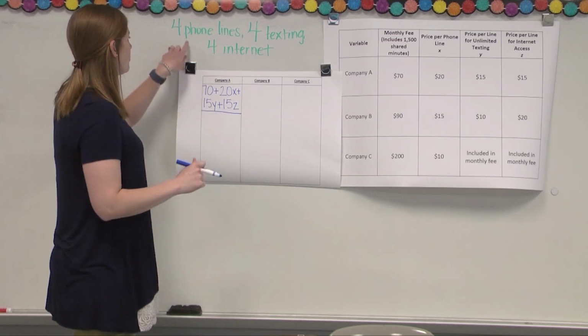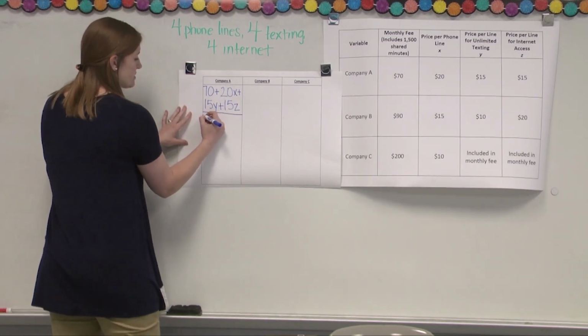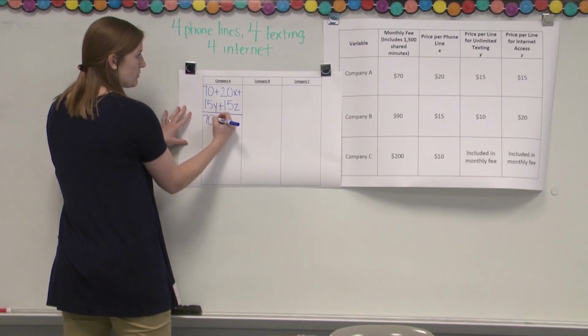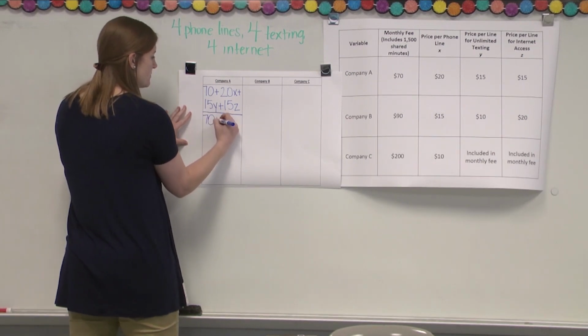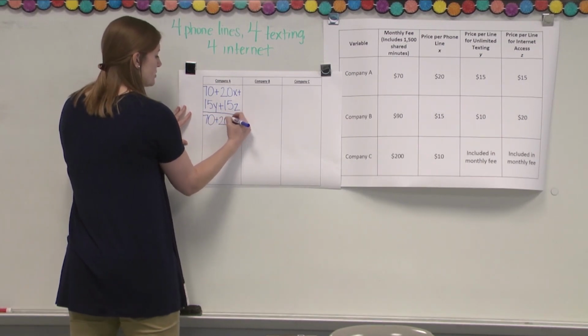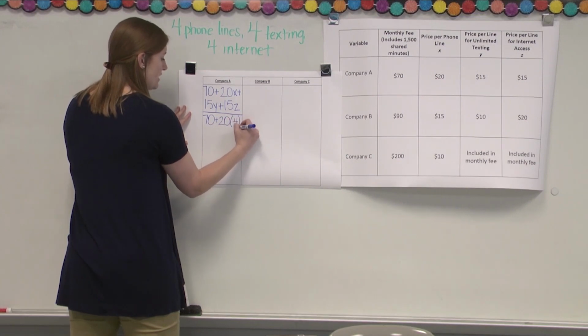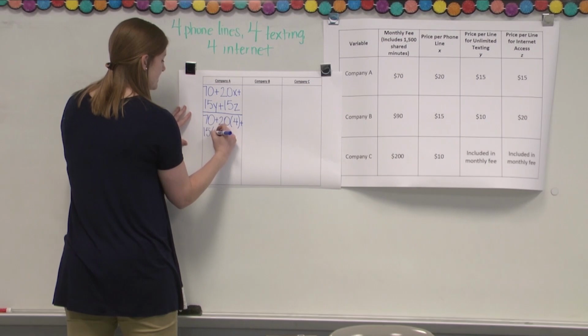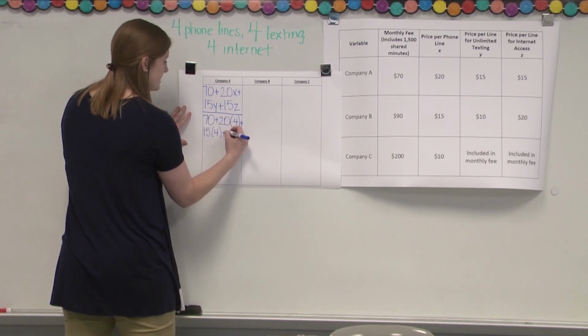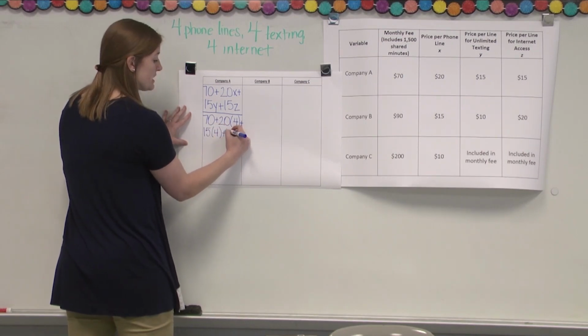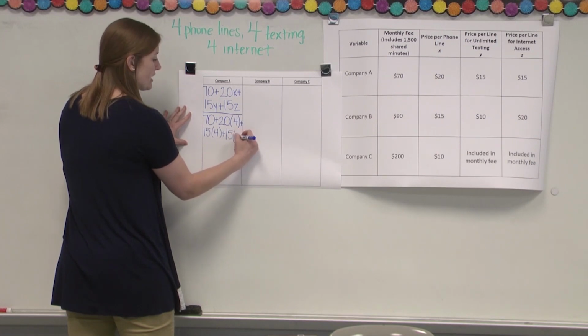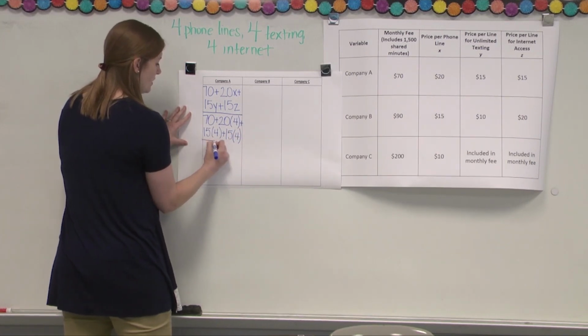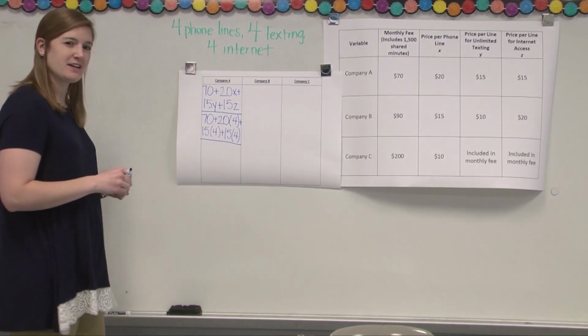This time, we want 4 phone lines. So we have the $70 fee for the 1,500 minutes, $20 for every line, and we have 4 lines, plus $15 for unlimited texting. We have 4 people that want unlimited texting, plus $15 for everyone that wants internet, and we have 4 people that want internet. I'm going to pause so you can jot that down.